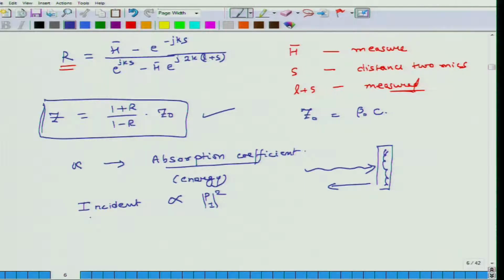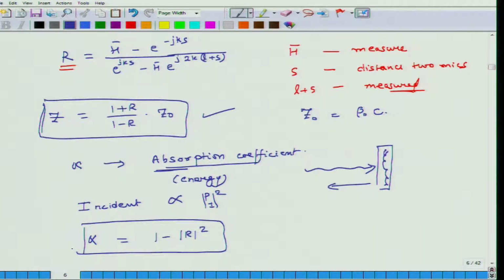Same thing is true for reflected energy. So absorbed energy will be what? And this is a coefficient, it's not the actual amount. So this will be nothing but 1 minus magnitude of R squared, because R is a complex quantity. Okay, so that is your absorption coefficient.